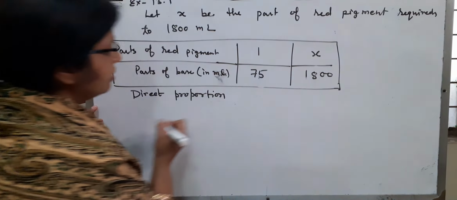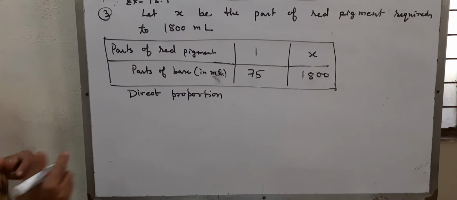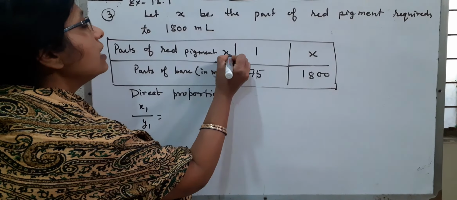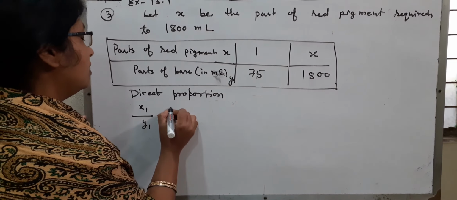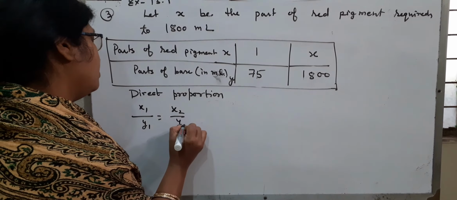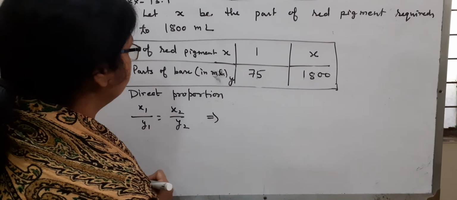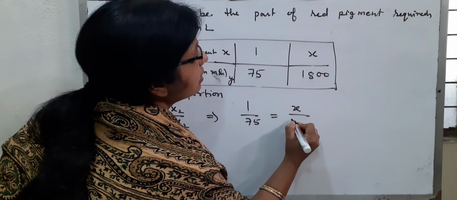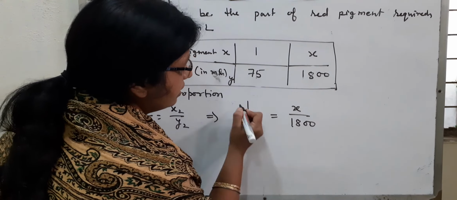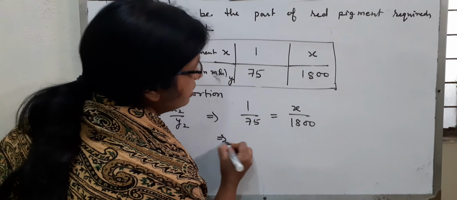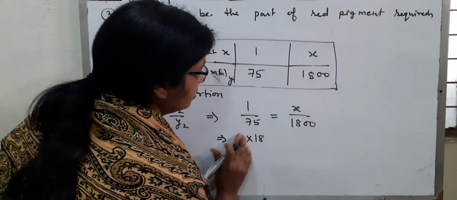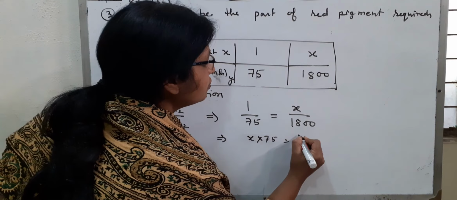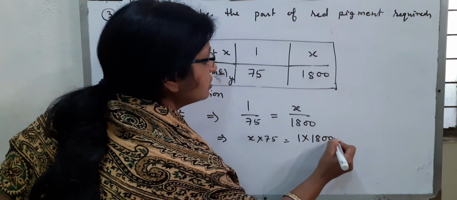So we use the formula of direct proportion: x1 by y1 is equal to x2 by y2. This implies 1 by 75 is equal to x by 1800. Then using cross multiplication, we get x into 75 is equal to 1 into 1800.